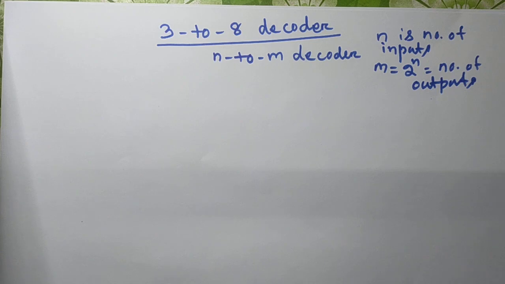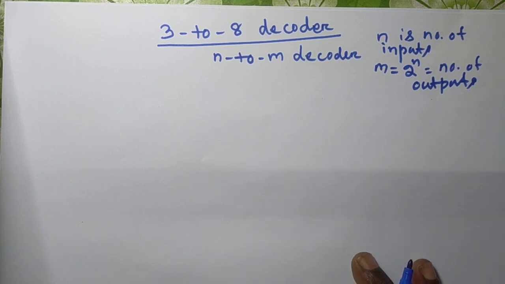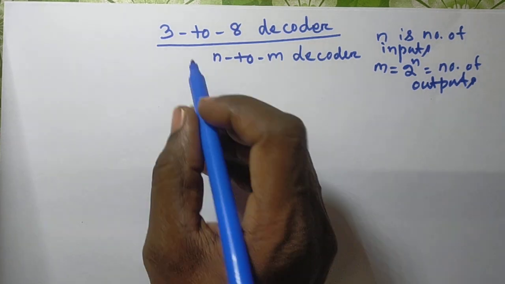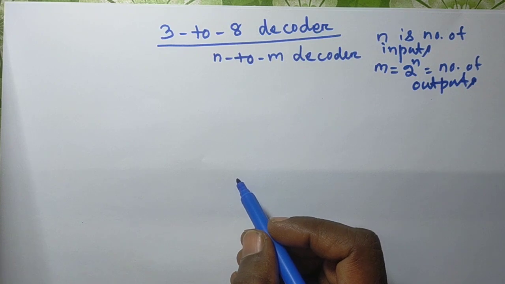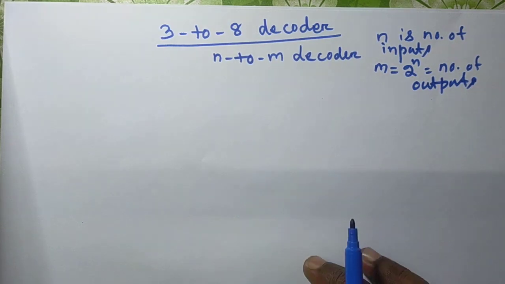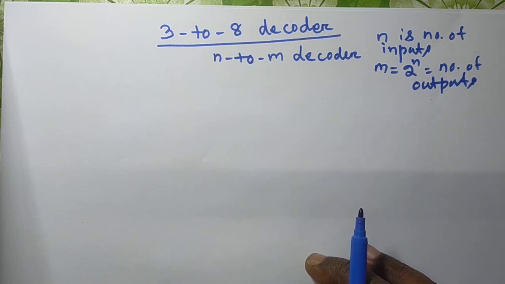This is a very easy way to design it. In this case we have to take 3 inputs. Last time we discussed 2 inputs, which we call a 2 to 4 decoder. Now we discuss the 3 to 8 decoder. Since there are 3 inputs and 8 outputs, we have to see how the 8 outputs are defined.